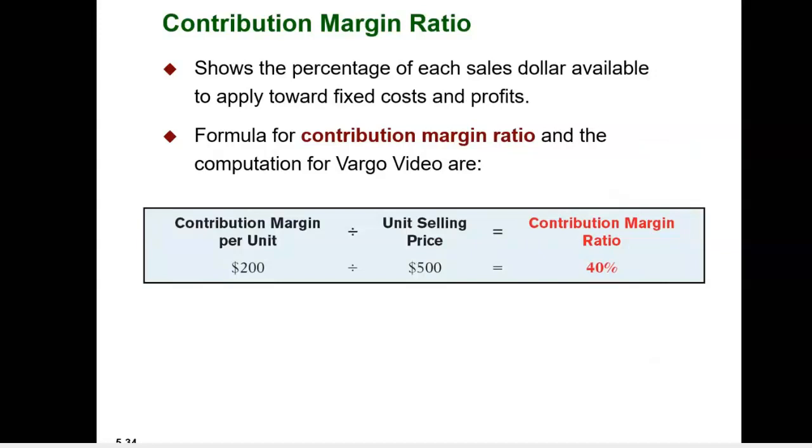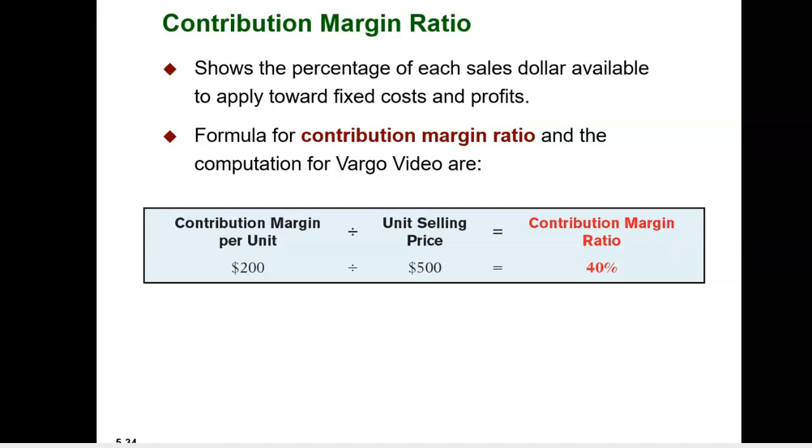Now, another definition, contribution margin ratio. This is also very useful to us in terms of management. Now, when you hear the word ratio in management, it always means a percentage of sales or a percentage of selling price. Depends if I'm talking unit or total.